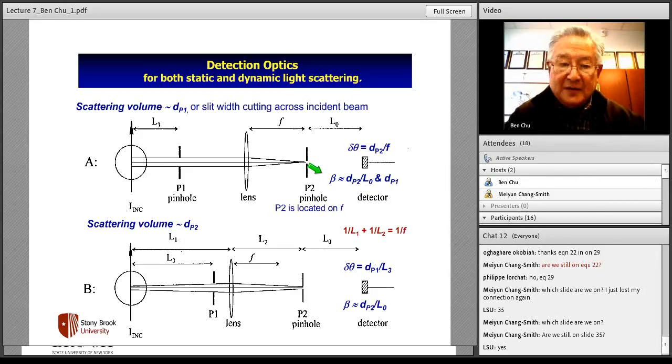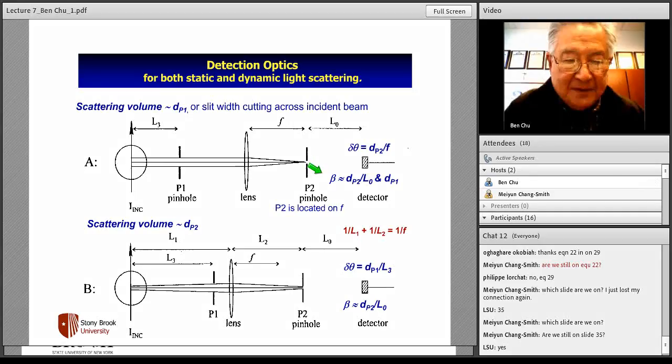Now what's the second one for? Well, simple optics tells you 1 over L1 plus 1 over L2 is equal to 1 over F. So this image is projected by this pinhole here, and that determines what you want to do.